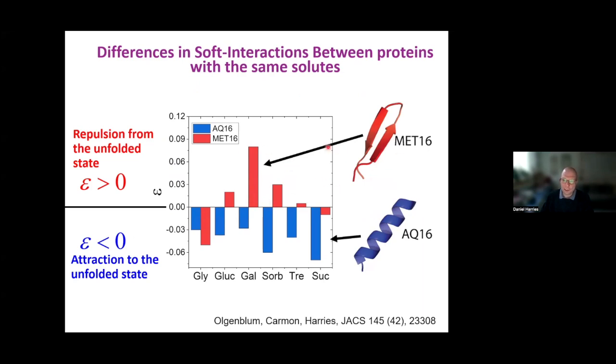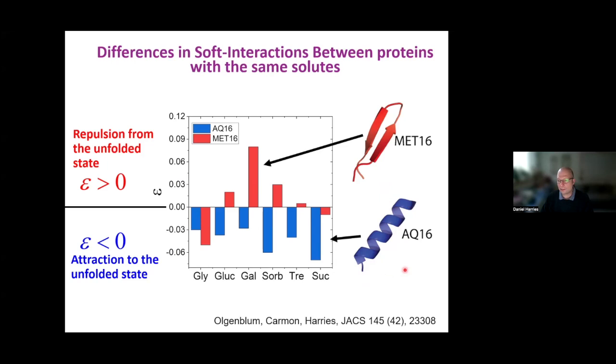And specifically, from this beta hairpin folder, there is an added repulsion that is not derived from the steric interactions. So there is an added repulsion to that of the size of the solute.